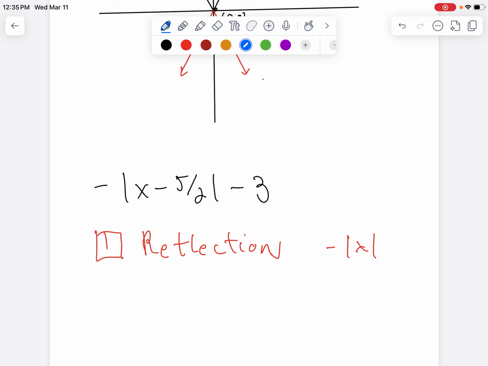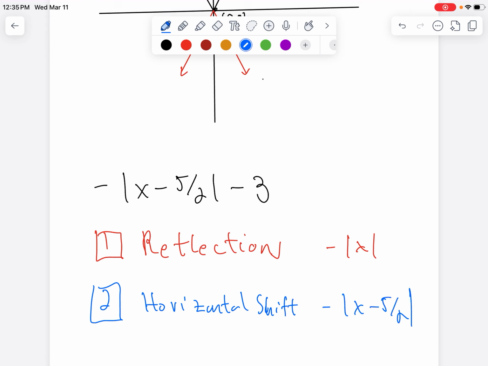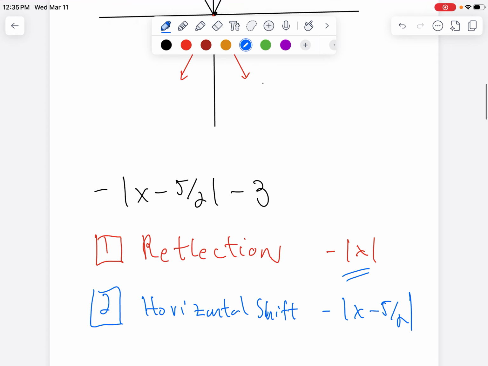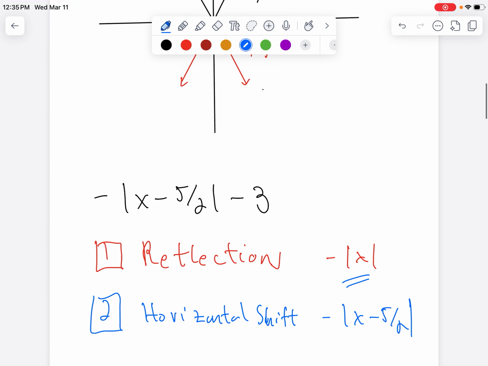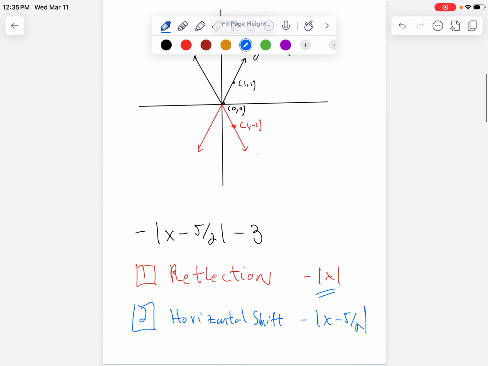Next I'm going to do my horizontal shift, which is negative absolute value of x minus 5 halves. When you're doing these intermediate graphs, you work with the previous graph and then apply the next shift to it. So x minus 5 halves shifts everything over 5 halves units to the right.